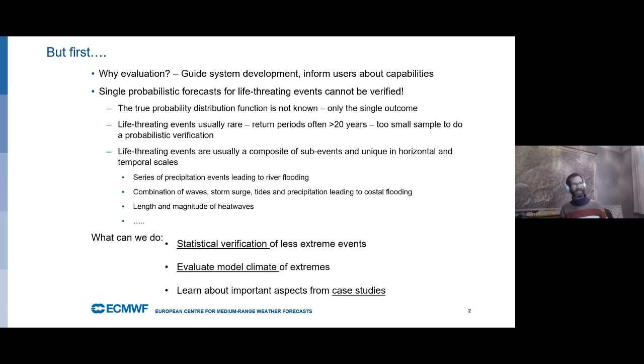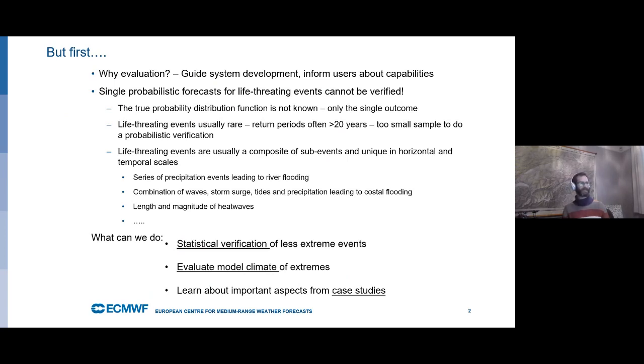But then the problem is that the life-threatening events are usually rare, and we often talk about return periods above 20 years, which means that if we want to look at the current forecasting system we have, that we use for around a year before we do the next upgrade, we get a far too small sample to do a proper probabilistic verification.